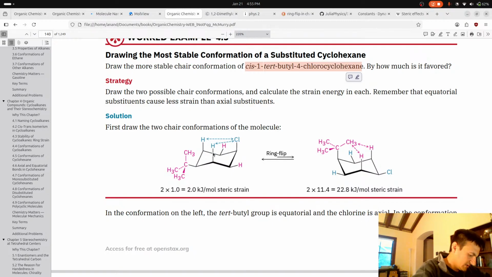I didn't draw the cis form. Hold on. So if this is pointing up, and this is C(CH3)3, and this is like this, and this is Cl.